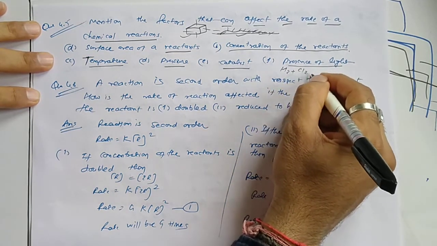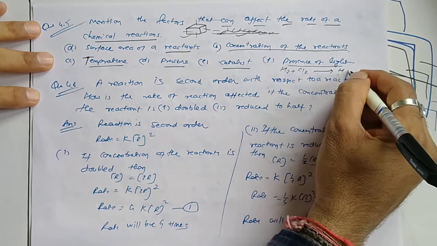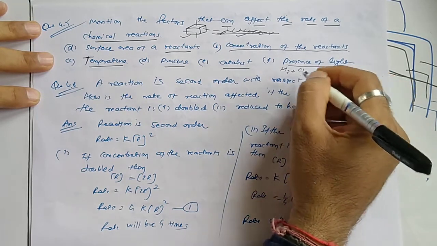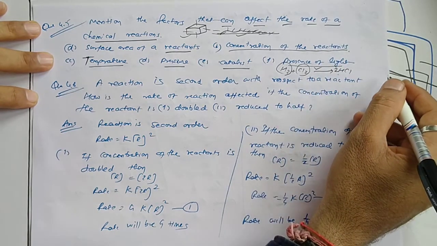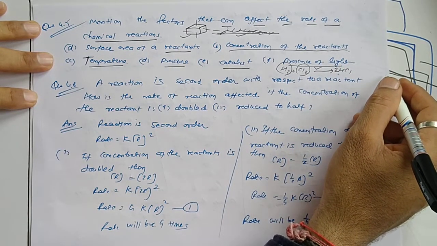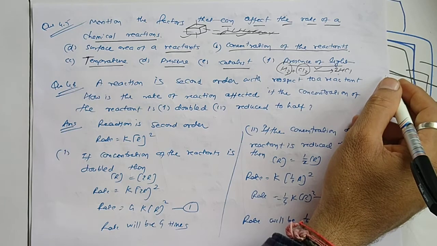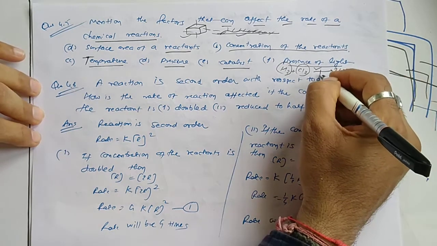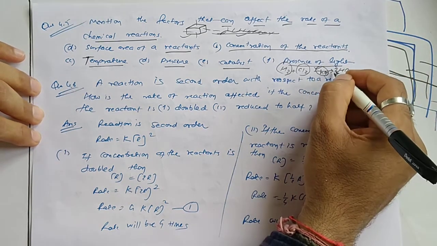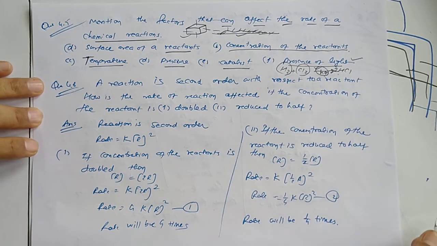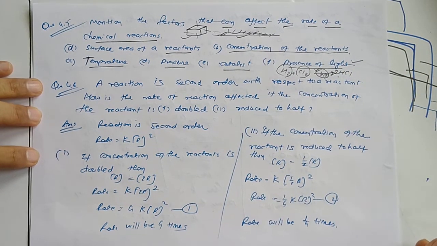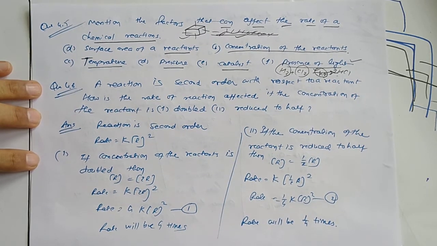In the case of the reaction hydrogen plus chlorine, in the absence of light it is very slow. We can say it does not occur, but when we pass sunlight, it becomes fast. So in some reactions, the presence of light also affects the rate of reaction.